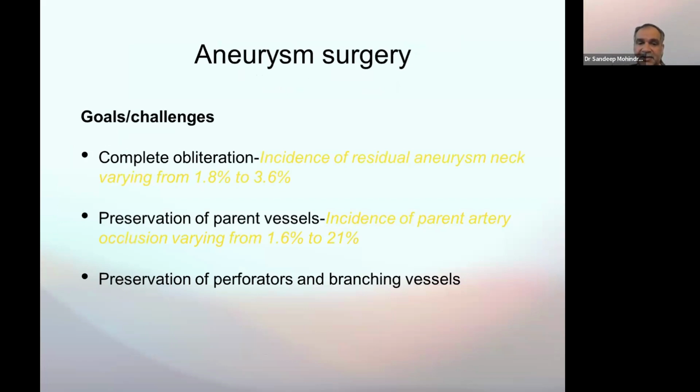The third point is the preservation of perforators and branching vessels, which was covered so nicely in the first talk. The placement of clips will show us whether the parent vessels have been preserved or not. A 21% incidence of parent vessel occlusion is too much of a complication, and if it has been documented, we have to be aware of it.